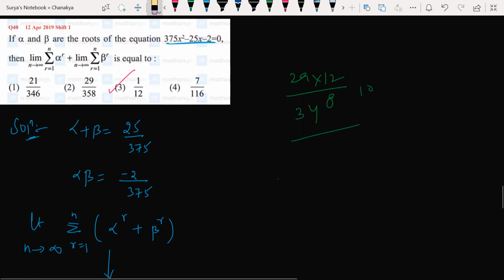So 29 into 12 is 348, but not 350. Option 2 is absolutely wrong here. Be careful. Whenever you look at 29, don't click on option B. Write it, solve it fully, then choose the option. Clear? Shall we go for the next question?